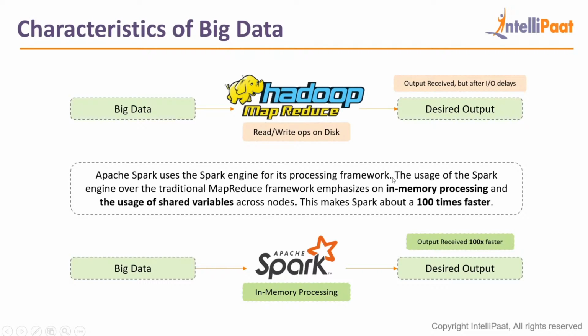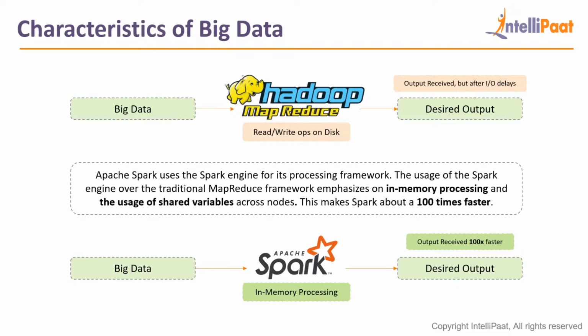As random access memory, or RAM, or physical memory got cheaper, we came up with the technology called Apache Spark, which uses the Spark engine, right? The Spark engine speeds up this entire process over 100 times compared to MapReduce, depending on the size of the data.